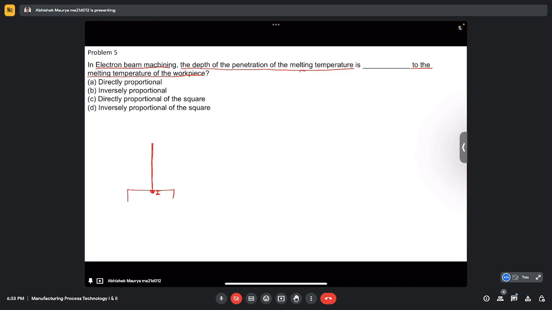So in the lecture, sir has already proved by dimensional analysis that there is a relation which looks something like this, where we have P. P is nothing but beam power.